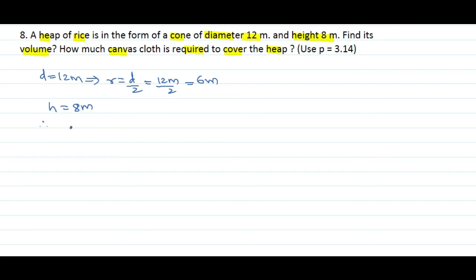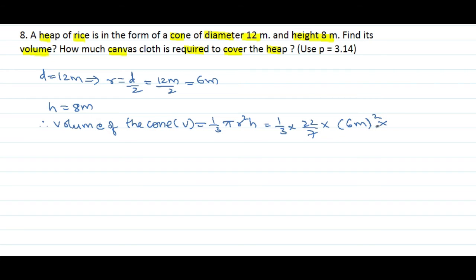Therefore, volume of the cone is equal to 1 by 3 pi r square h, which is equal to 1 by 3 into pi value 22 by 7 into radius 6 meter square into height h equal to 8 meters.